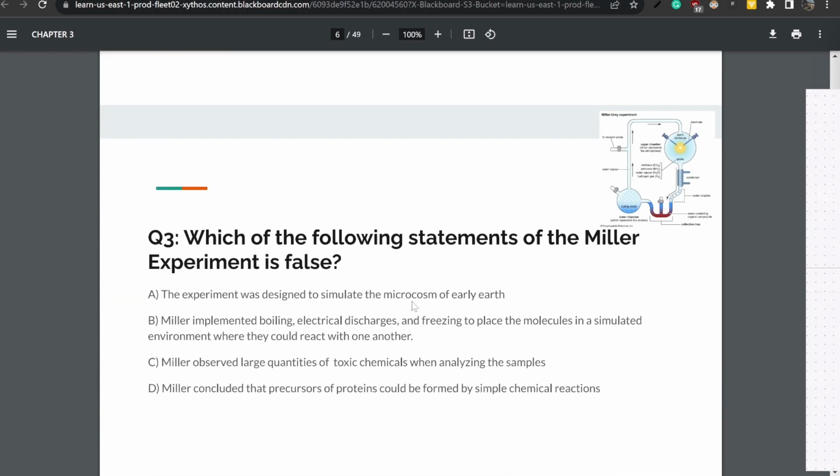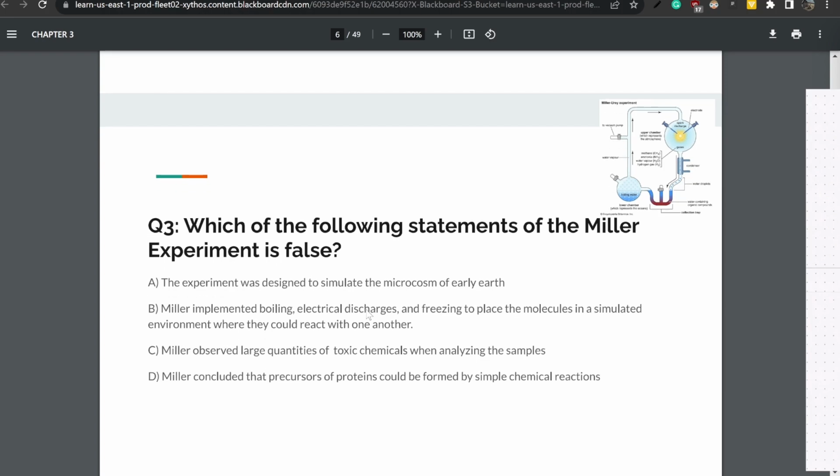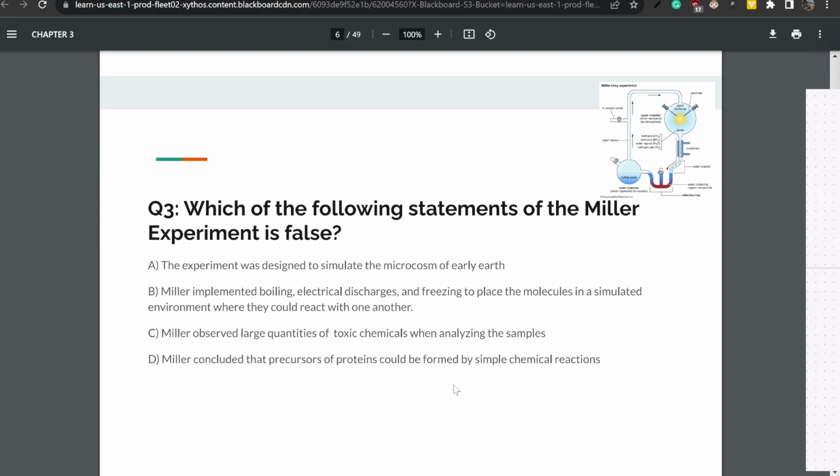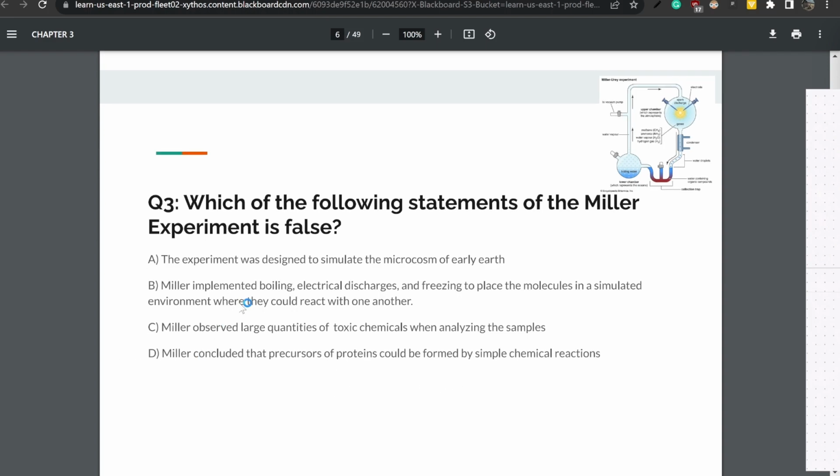It's designed to use micro. So it's false. Freezing, I don't know about. Toxic chemicals. So D is fine. A is fine.